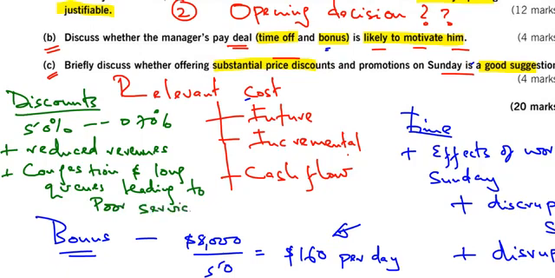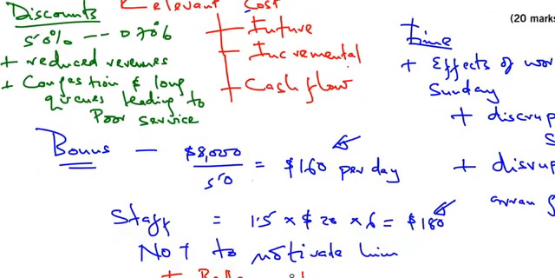Remember, what the examiner wants to see is that you can try and think a bit, not just cramming things. What else could happen? People may change their buying behavior such that instead of coming during the week, they come on Sunday, so that at the end of the day, the net effect of opening on Sunday is 0. So you could talk of change of buying patterns.